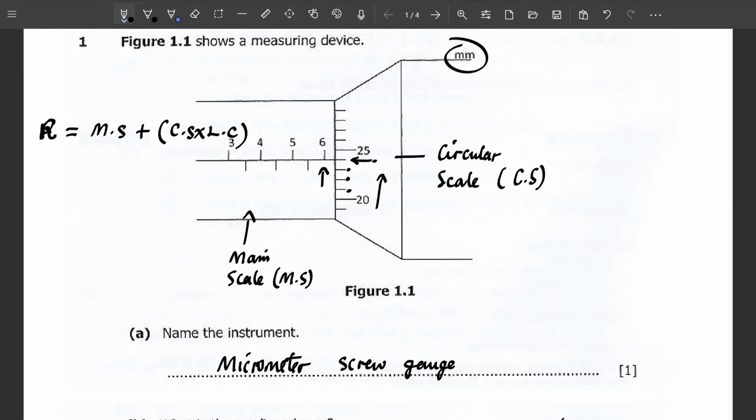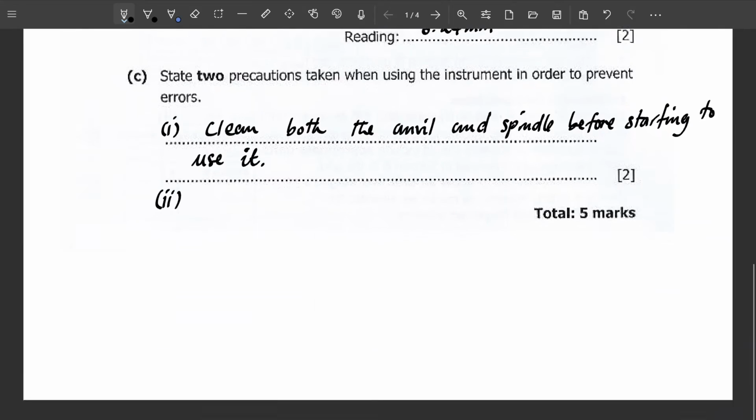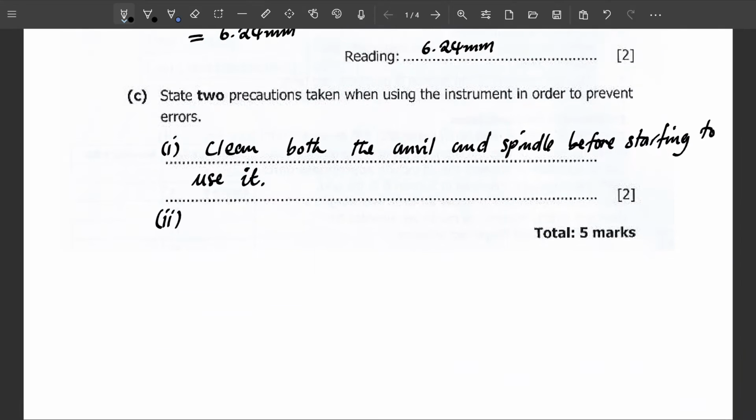So if you get an instrument, for instance a micrometer screw gauge, and begin using it without checking for the zero errors, it may give you an error in that reading. So you have to check for the zero error.